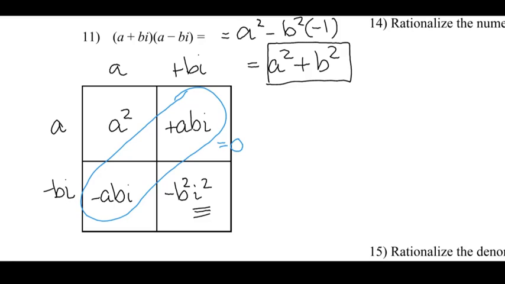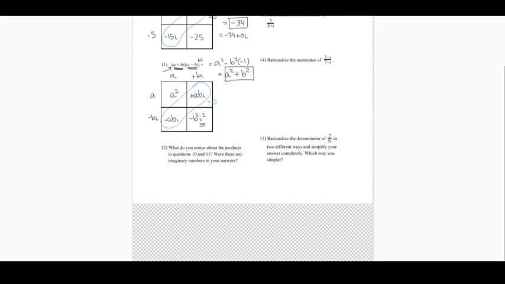All right, so this will always happen when you multiply one factor by its complex conjugate. So this is a complex number, a plus bi, and then this is its conjugate, a minus bi. So anytime you do that, you will get the two terms in the middle of your multiplication to add up to 0.